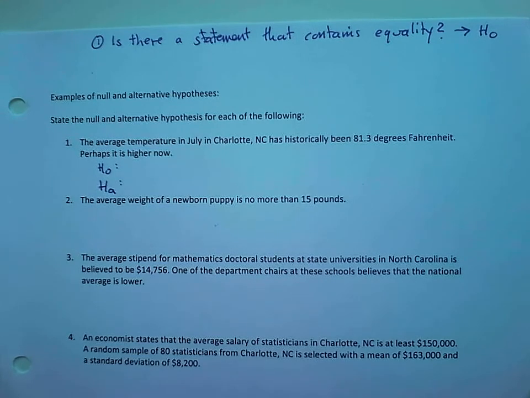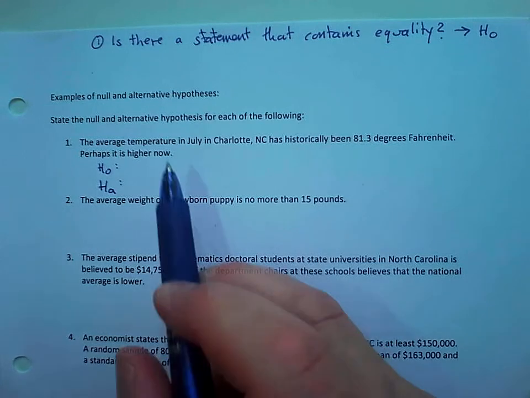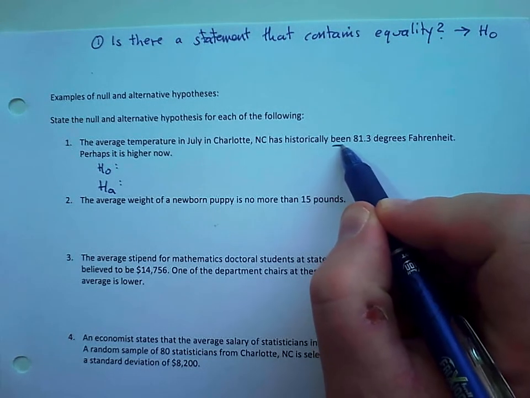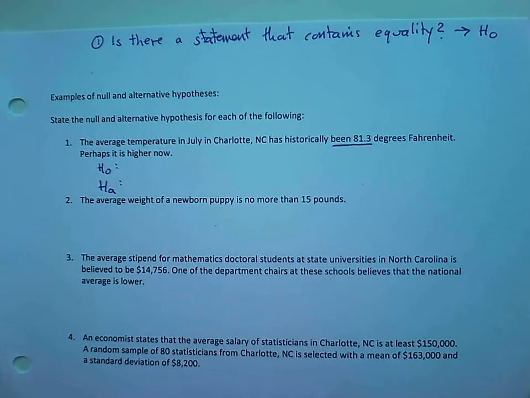And the answer to that question is yes. The temperature has been 81.3 degrees Fahrenheit. We could say that the temperature has been equal to 81.3 degrees Fahrenheit, and we'd be saying the same thing.